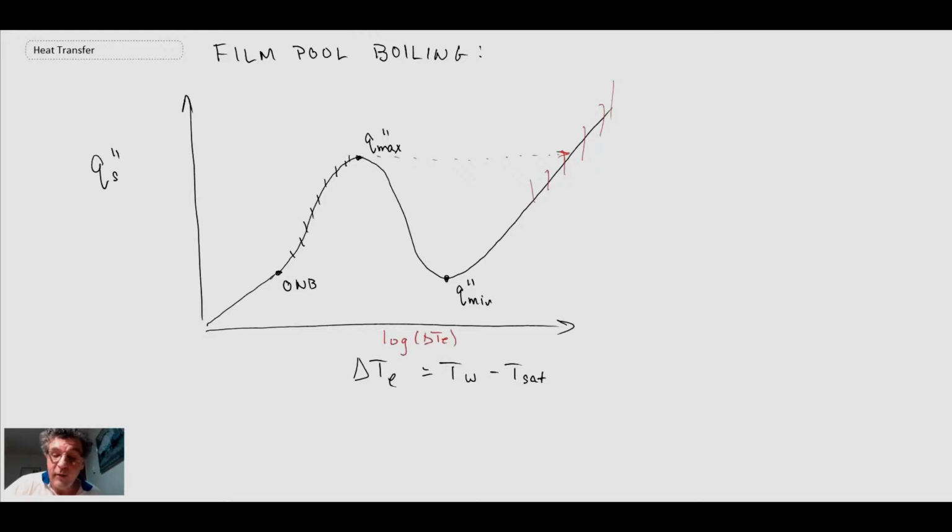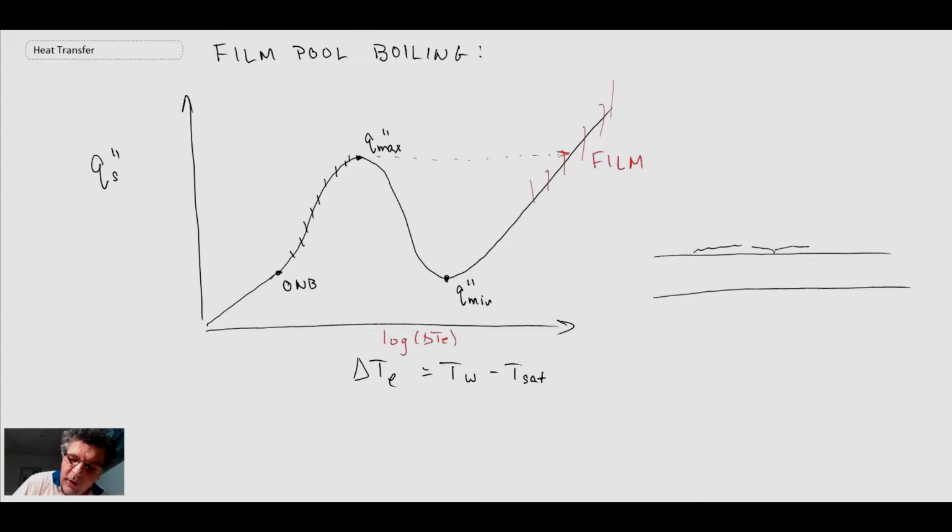But for film boiling, we want to come up with a way to estimate the convective heat transfer coefficient in this region. If you recall, when we have film boiling, the bubbles start to coalesce along whatever surface we're looking at.